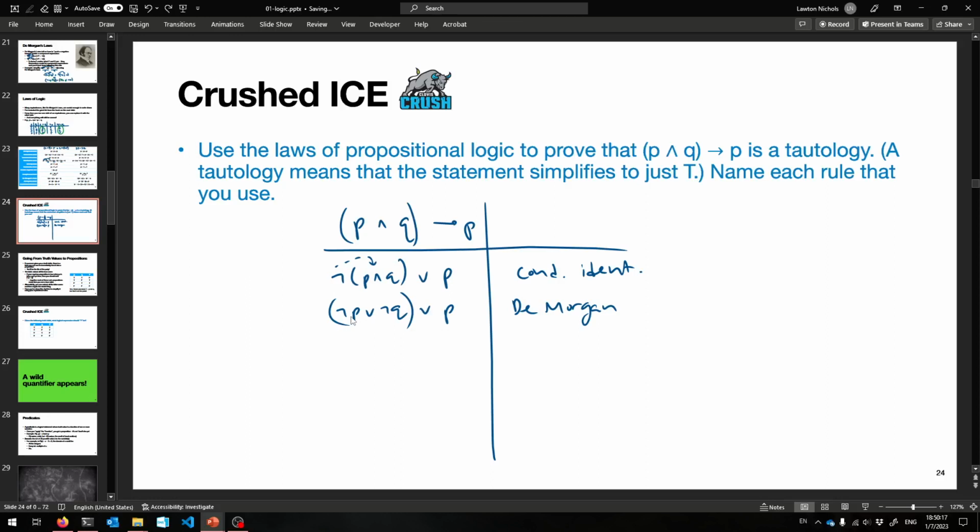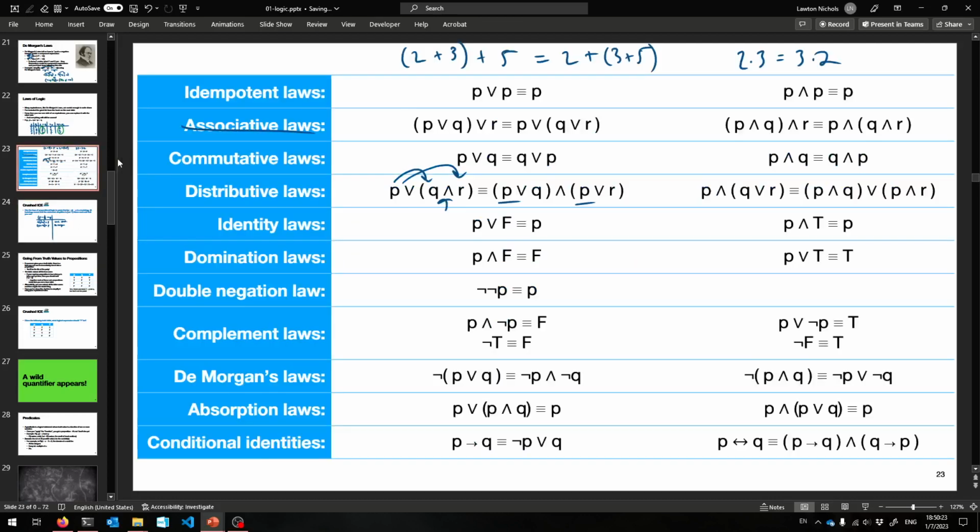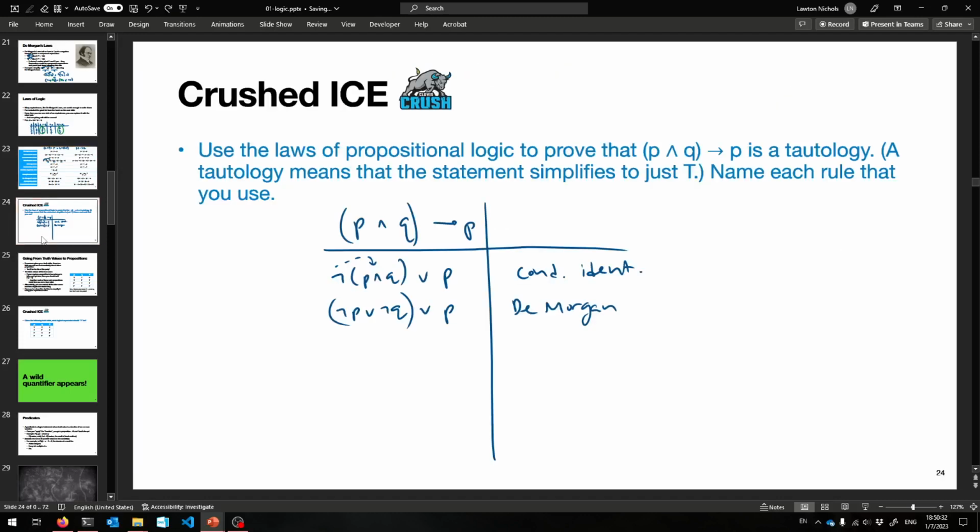Eventually I'm not going to require you to say, oh, I'm using the associative law, or, oh, I'm using the commutative law, because it's just kind of obvious that you can do those things. You don't think about it when you do it for math, right? But right now I'm forcing you to do it. I need you to show that you are understanding all these laws. So I need to get the P and the not P next to each other.